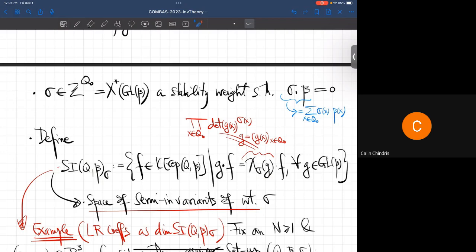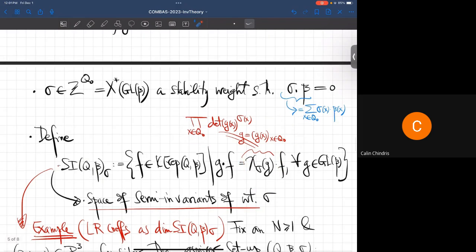For concreteness, this is how the character induced by sigma looks. And it turns out that these spaces have a very rich combinatorics on top of the geometry that they have. Let me give you an example.